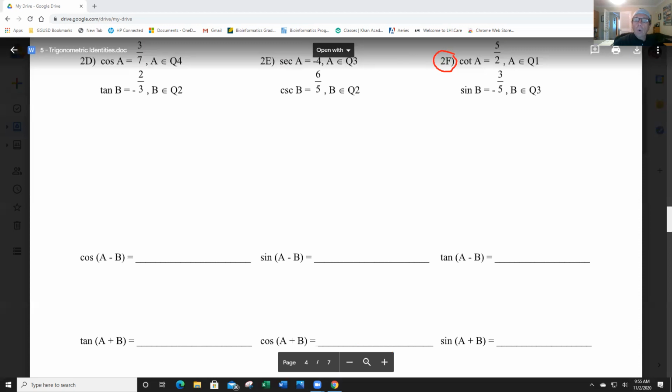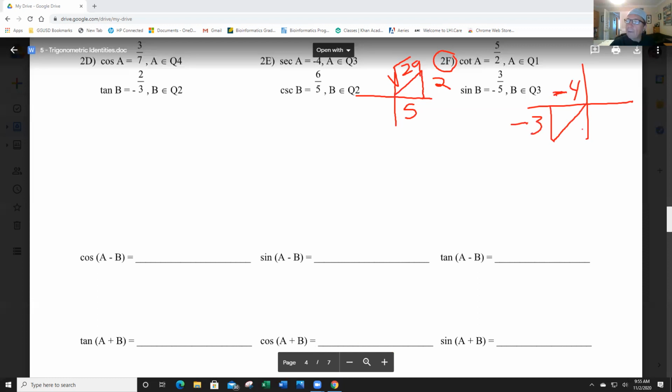I'm going to put one in here, and that's going to be a quadrant 1 triangle: 2 here, 5 here, and radical 29. Hopefully you got the same thing. And the other one I'm going to put in here, that's quadrant 3. That ended up being a 3, 4, 5, with negative 4, negative 3, and 5 on that. See if you got that.